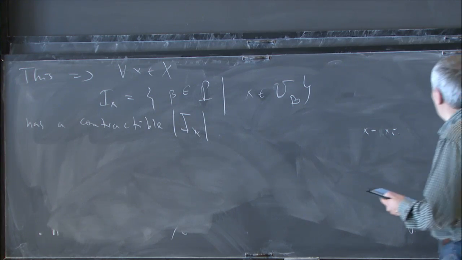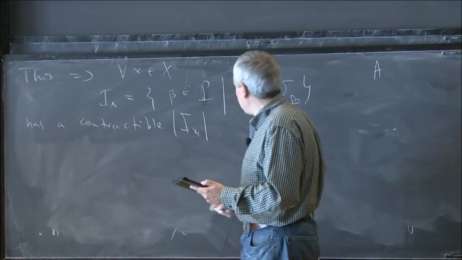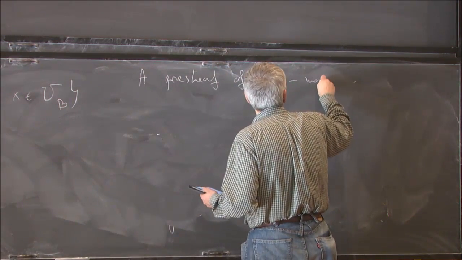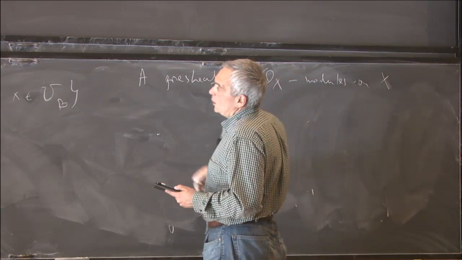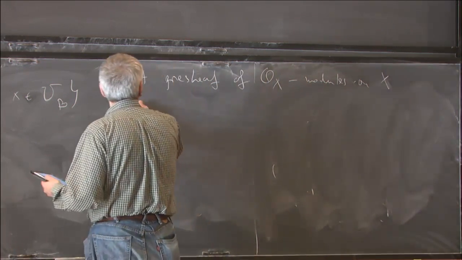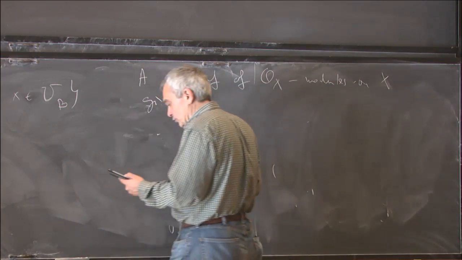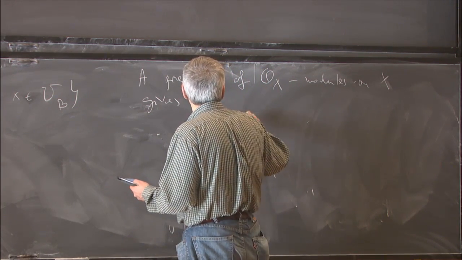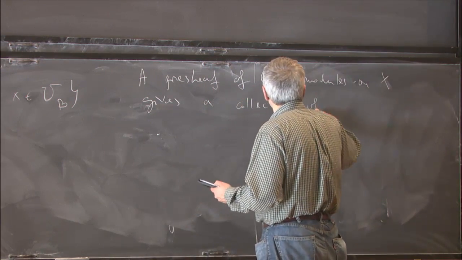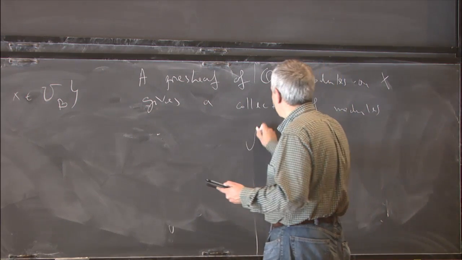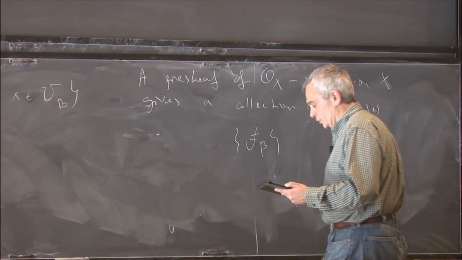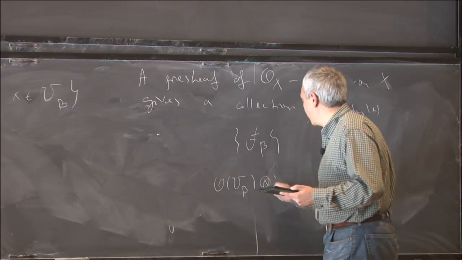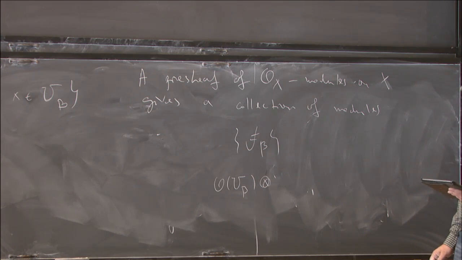So now, if you have a pre-sheaf of all modules on X, once you fix the cover, you get a collection of modules, so the sections on each open, and they come naturally equipped with maps, so they're modules over the sections in the structure sheaf.